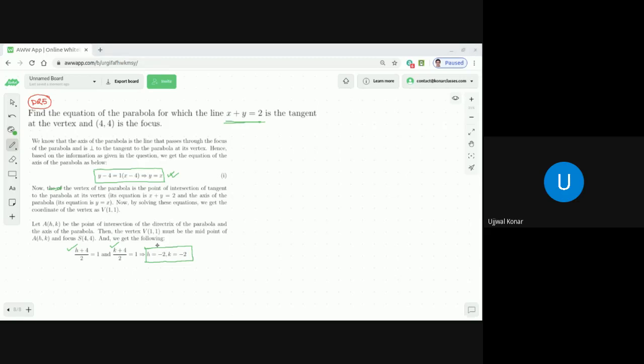I hope it is clear so far. Now we get the equation of the directrix. How can we find the equation of the directrix? Let's find it out.